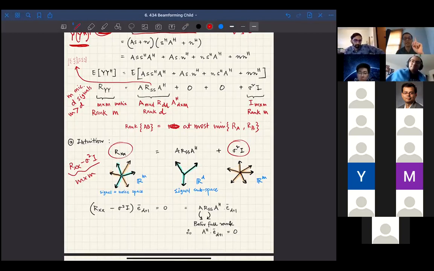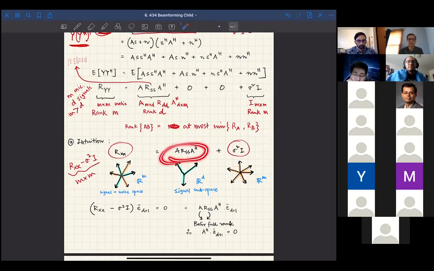But its rank has to be D. Why does its rank have to be D? Utkarsh? Because it equals A, RSS, AH, which is rank D. If this rank is D, this rank has to be D.